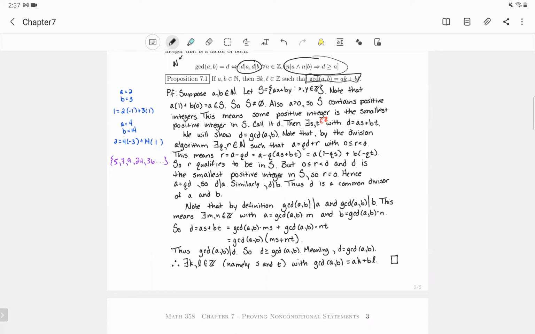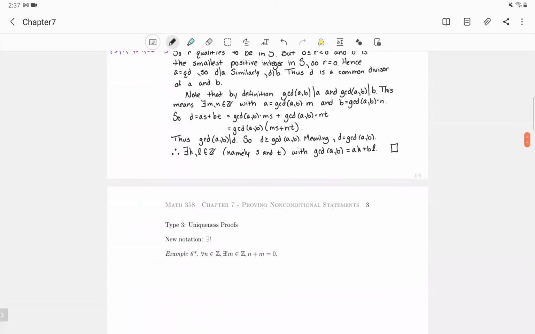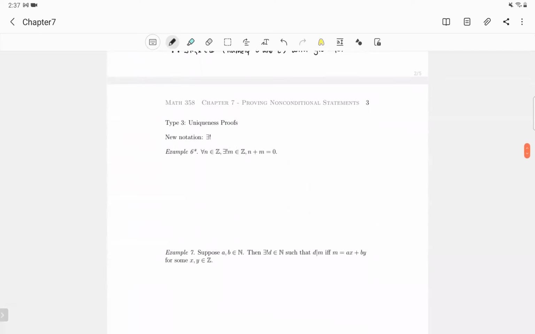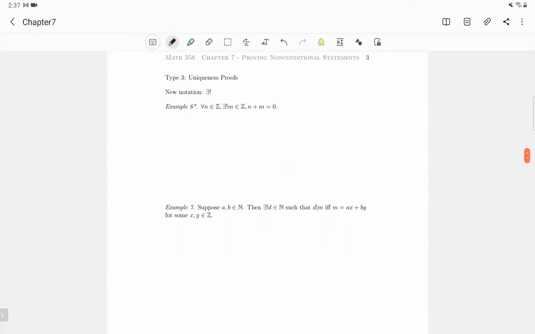All right, that's probably a good stopping point. Let me give you an idea of the last thing in this chapter. The last thing we'll do is show how to prove something is unique. Like we said earlier, 0 is an additive identity if it has the property we wanted, but to show it's the only thing that works requires an extra step.